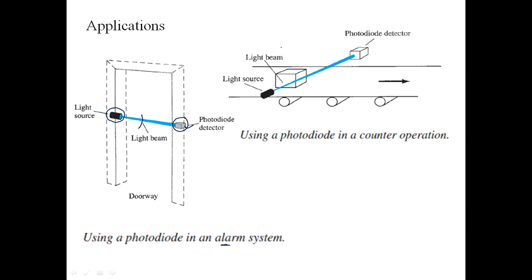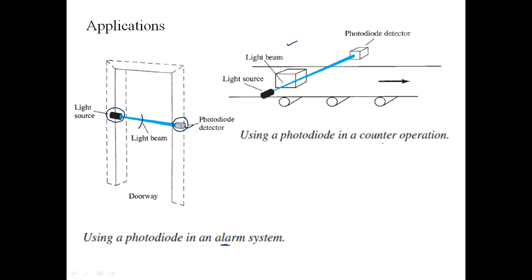So the same thing is also explained here, where photodiode can also be used in counting operations, especially in airports and all, where the luggages are to be counted. There will be a conveyor belt which will be continuously rotating. On that particular conveyor belt, luggages will be kept, and those luggages will be slowly moving, and on both the sides, at one place there will be a light source, and at the other place there will be a photodiode detector.